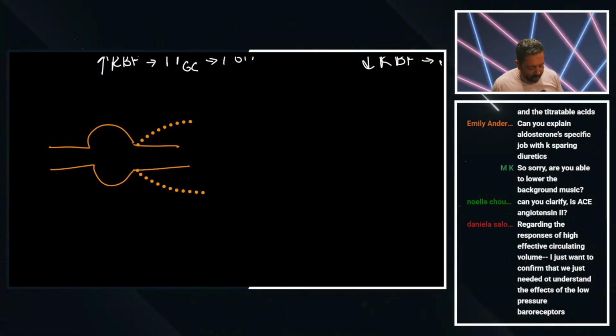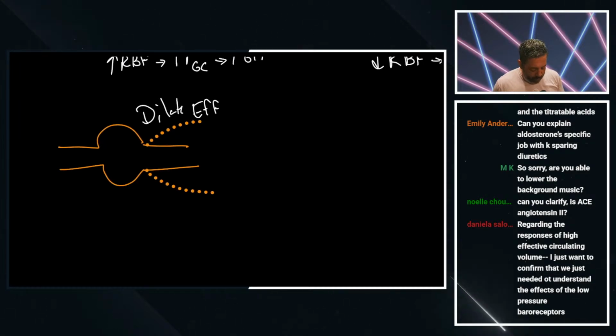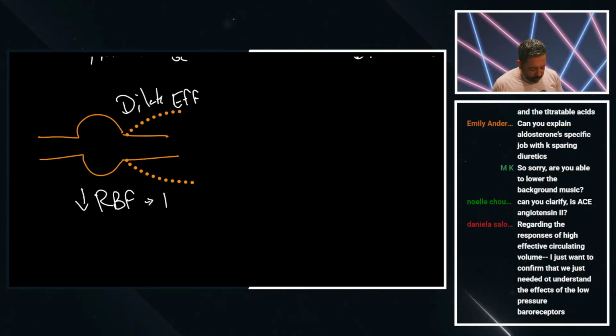So when you dilate the efferent, renal blood flow is going to go down because it's going to pour out of the glomerular capillary. It's going to fall out too fast because the exit is dilated. So blood can rush out faster now. So it's going to decrease renal blood flow, which is going to decrease the hydrostatic pressure of the glomerular capillary, which leads to a decrease in GFR.